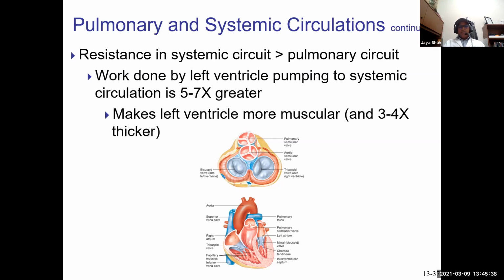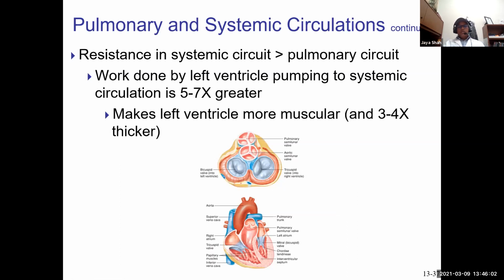Now the valves in the heart. There are two atrioventricular valves, which are the valves between the atria and ventricles: the tricuspid valve and the bicuspid valve. Valves between the great vessels and the ventricles are semilunar valves.